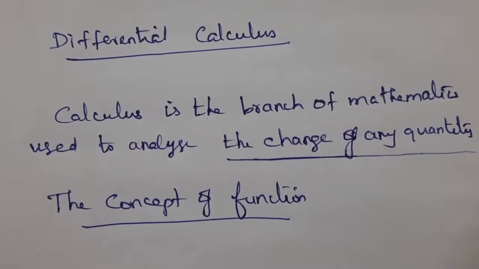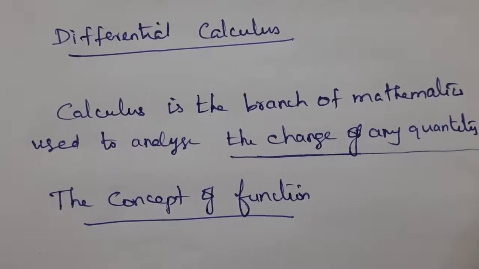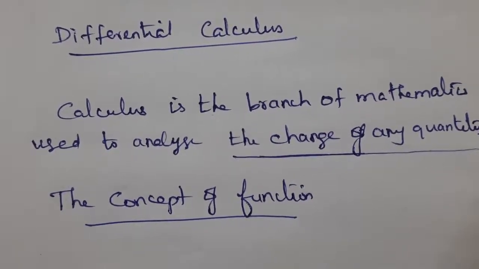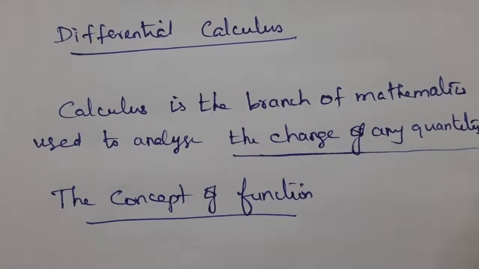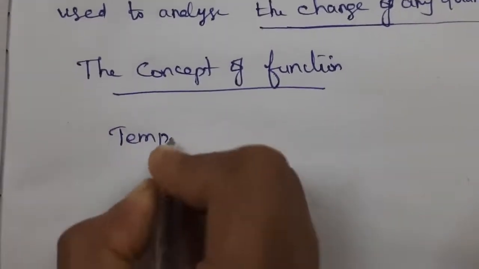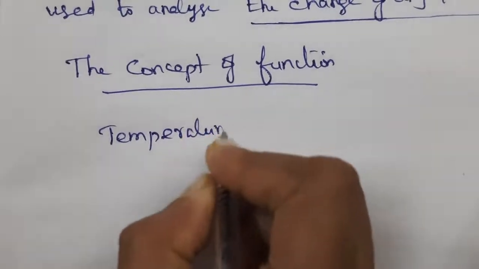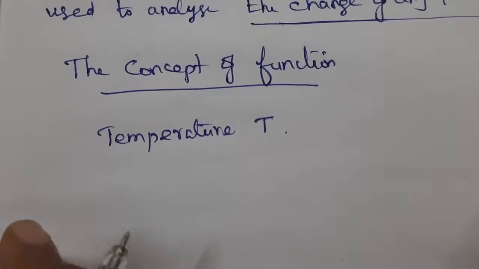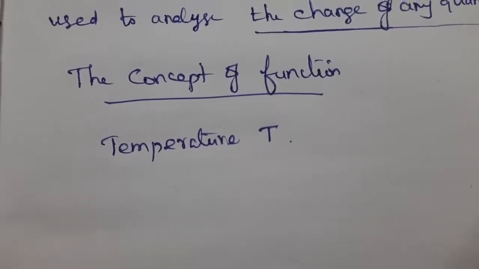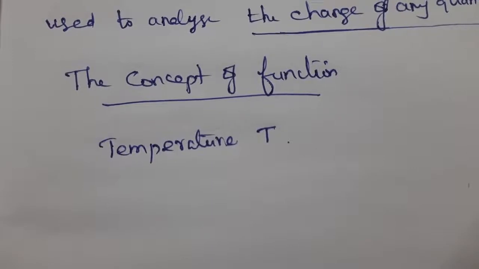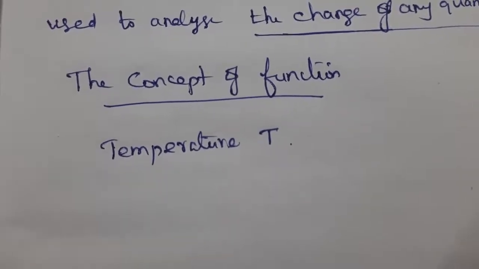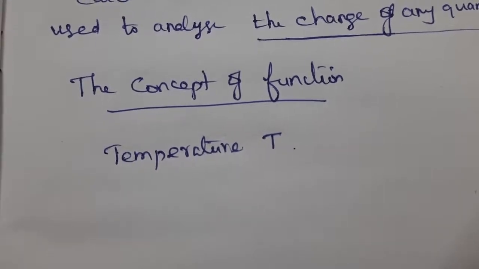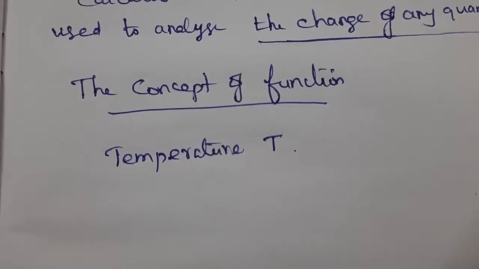Any physical quantity can be represented by a function in mathematics. For example, consider the temperature. We know that the temperature of our surrounding is changing throughout the day, isn't it? It increases till noon and decreases in the evening. So at any time t, the temperature has a unique value.